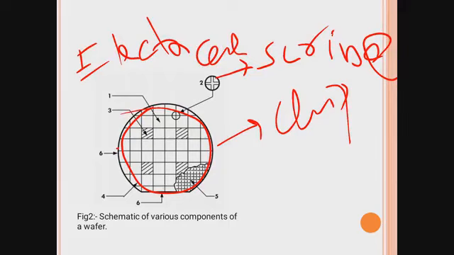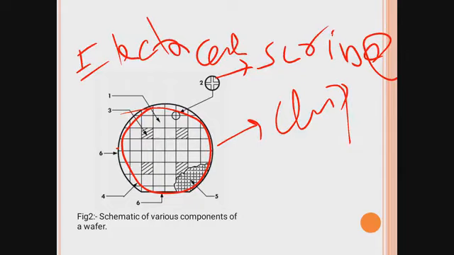There are also some edge dies or partial dies at the corners. If we observe across the corner, we can see some incomplete dies, and these are basically called edge dies. These dies can be used for making smaller testing circuits for process control.